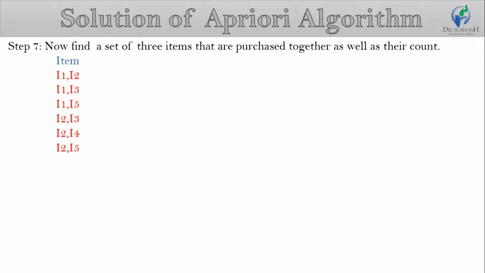To make the sets of 3 items, we need one more rule, termed self-join. It simply means from the item pairs in the table, we find 2 pairs with the same first item. So we get I1, I2 and I1, I3.